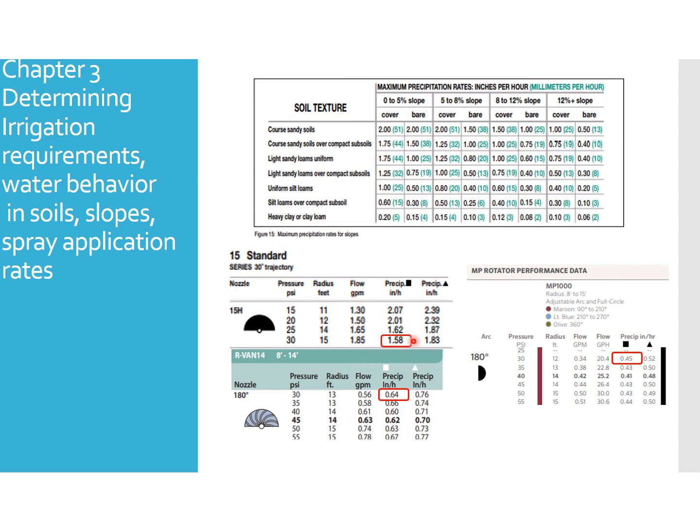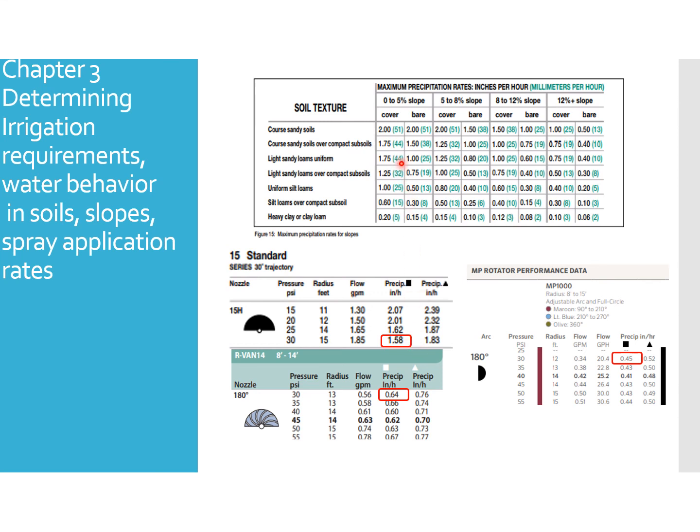Okay, so let's scooch back up here to this chart for infiltration rates and look for something around 1.58.